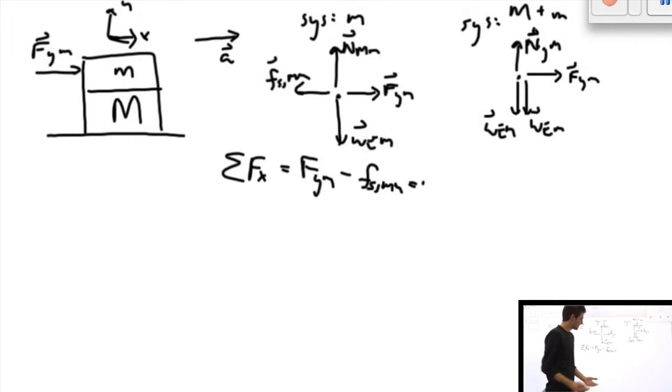And that's going to equal little m times acceleration of little m. And so at this point, we might be tempted to say, hey, let's plug in mu times the normal force for static friction. And we know that that's wrong because mu times the normal force is only the maximum static friction force. And I don't know necessarily whether this is at its maximum or not. In fact, it's probably not.